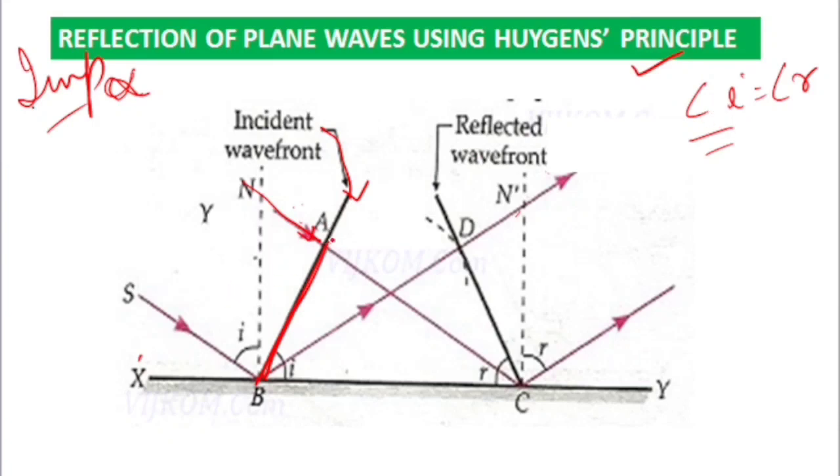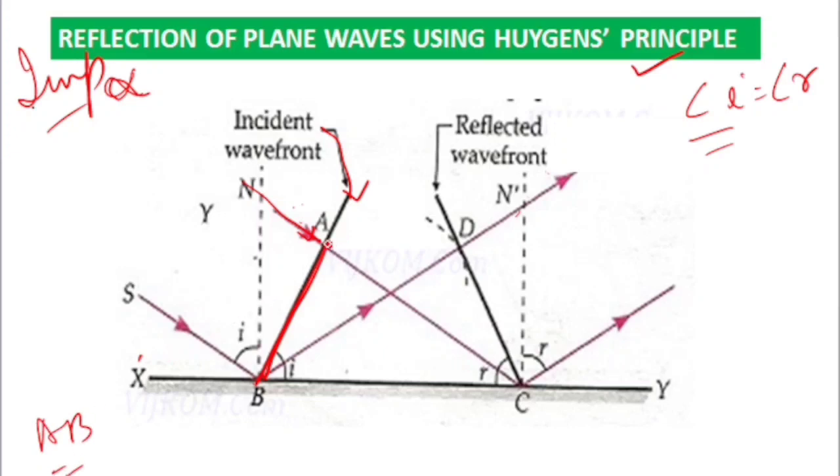So this incident wavefront is AB, it is a primary wavefront. Now according to Huygens principle, each point on this primary wavefront AB acts as a source of new disturbance, that is, secondary wavelets.